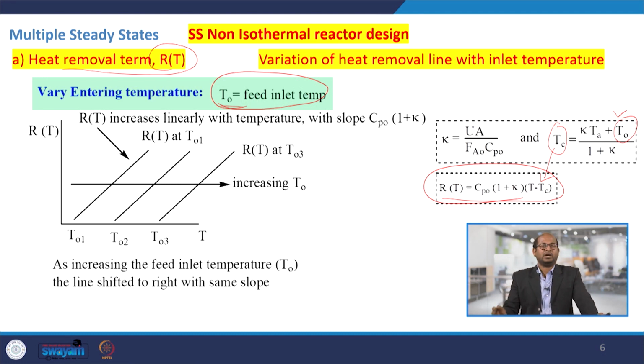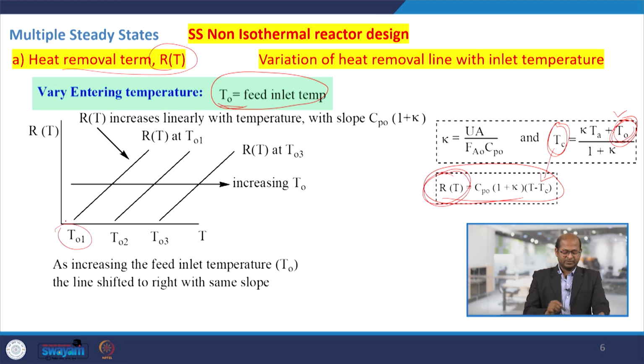Suppose a system is running at a particular feed inlet temperature. If we change the feed inlet temperature, let us say from 100 to 150, the feed entering the reactor, then the heat removal term will be different. T0 is different, so Tc will change, and once Tc changes, R(T) will be different.